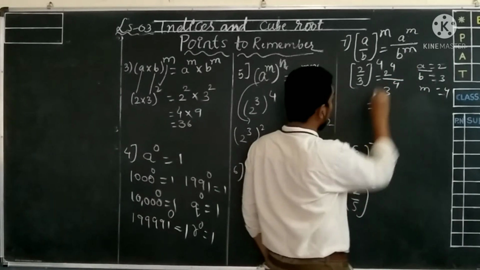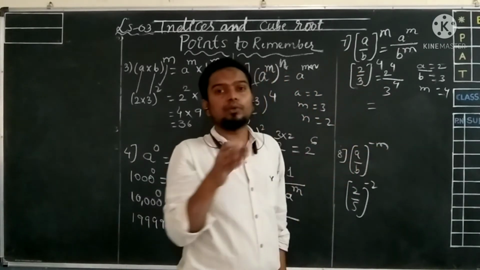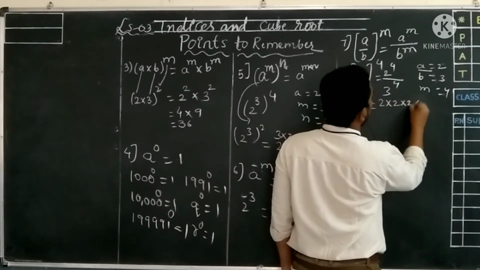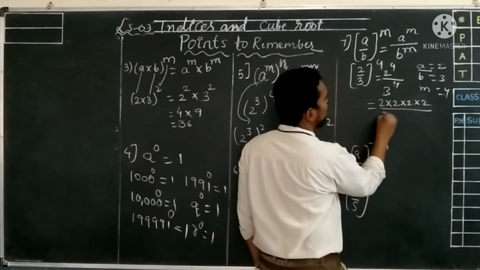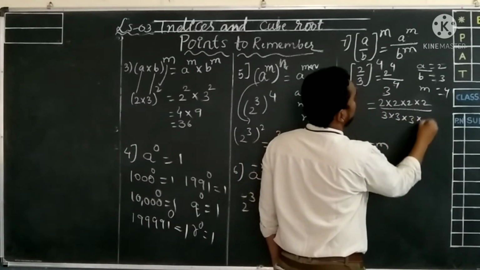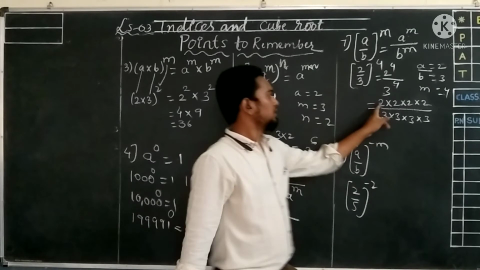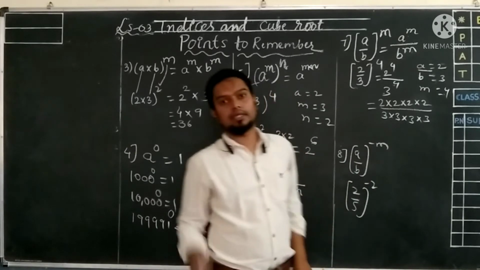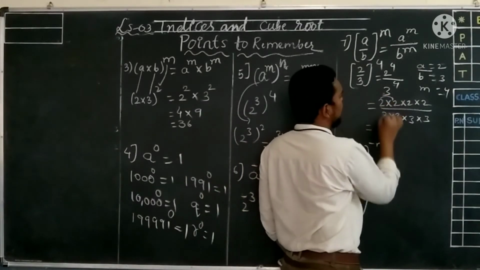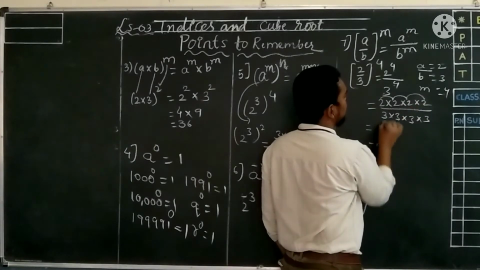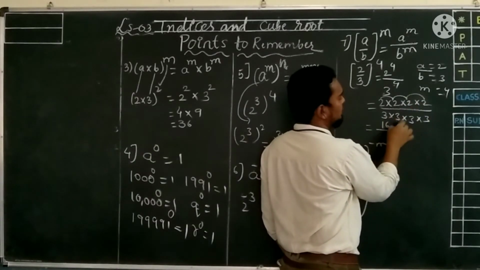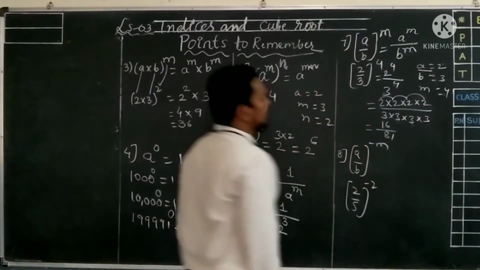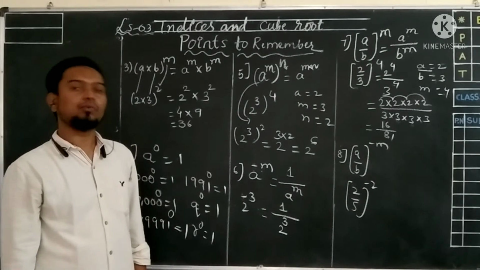Therefore 2 to the power of 4 means 2 is multiplied 4 times, upon 3 also multiplied 4 times. That is 2 into 2 into 2 into 2, upon 3 into 3 into 3 into 3. Here 2 2s are 4, 4 2s are 8, 8 2s are 16; 3 3s are 9, 9 3s are 27, 27 3s are 81. Final answer is 16 upon 81.